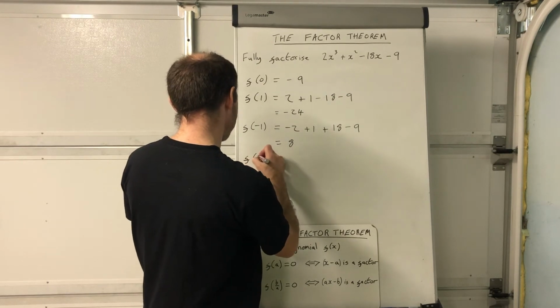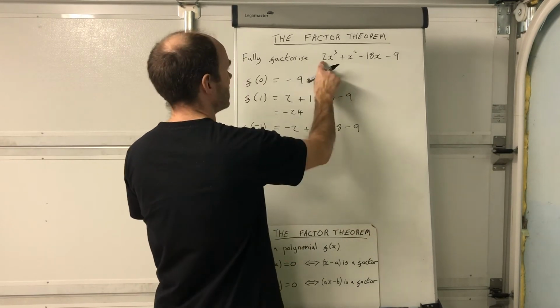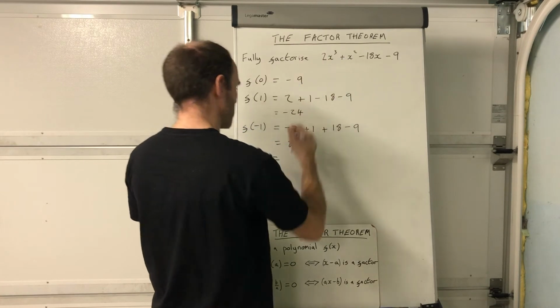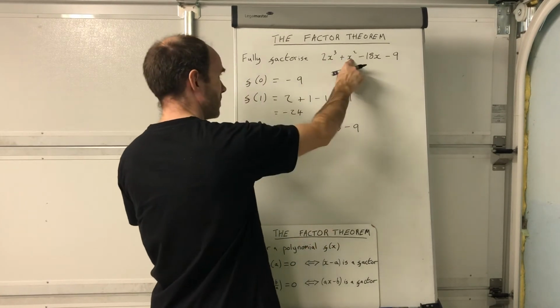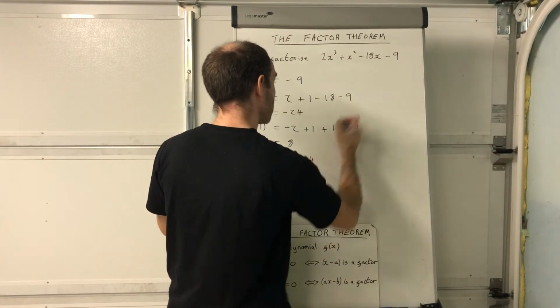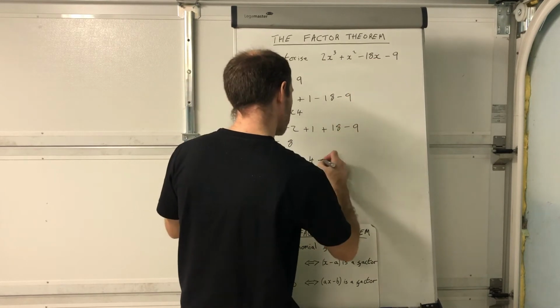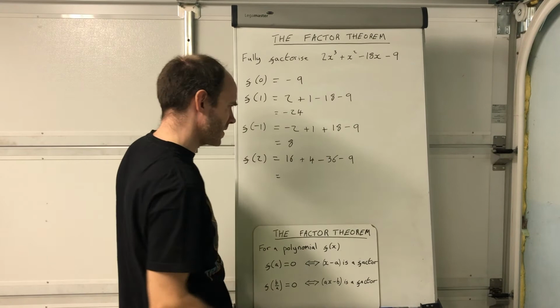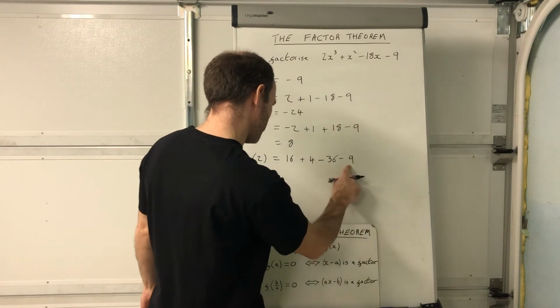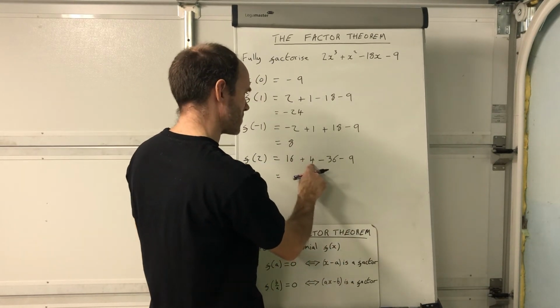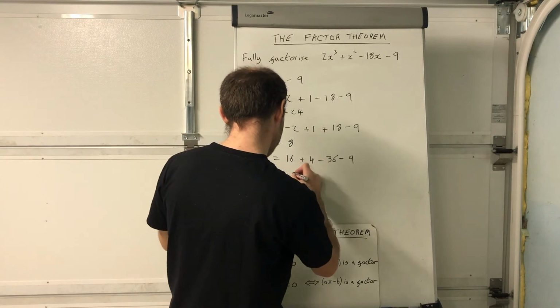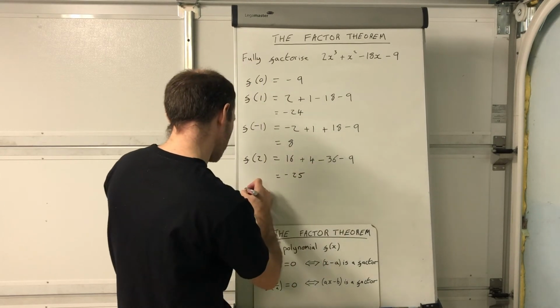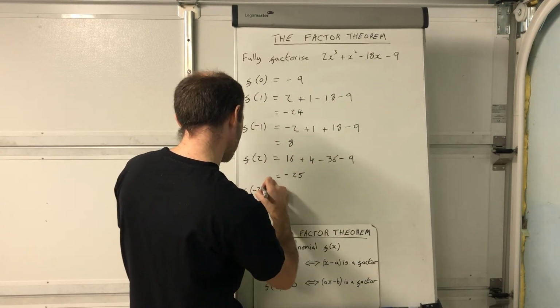So I'm going to try f of 2 next. So 2 cubed is 8, times by 2 is 16, plus 4, subtract 18 times 2, so subtract 36, subtract 9. Is that going to work? No, because that's going to be negative 45, and that's 20. 20 subtract 45 is negative 25. Doesn't work, so we'll try negative 2 next.